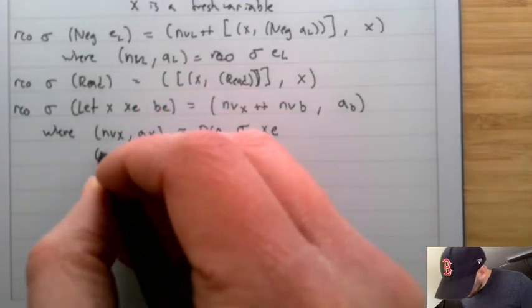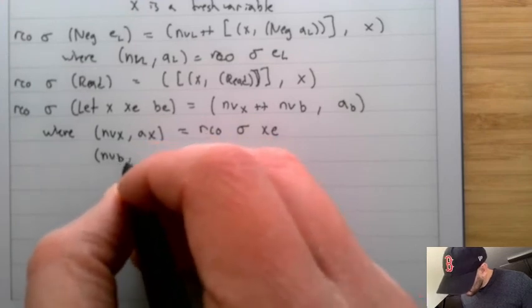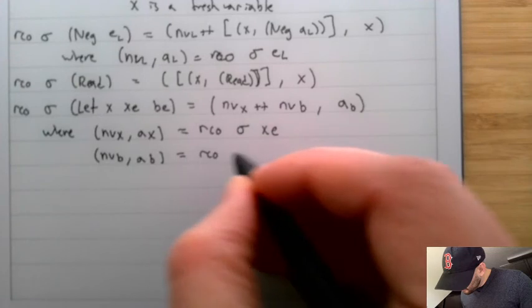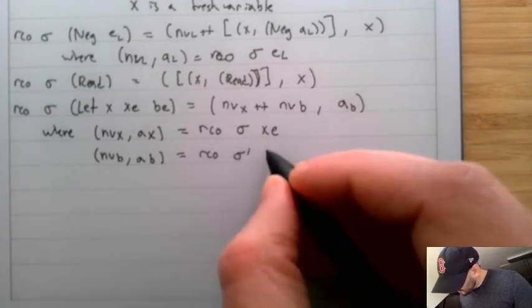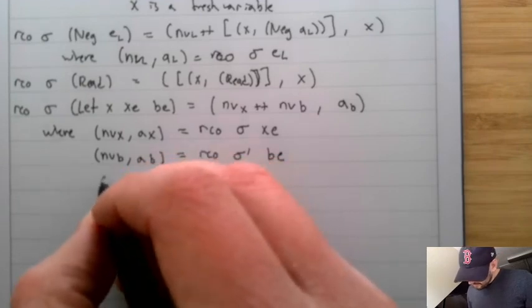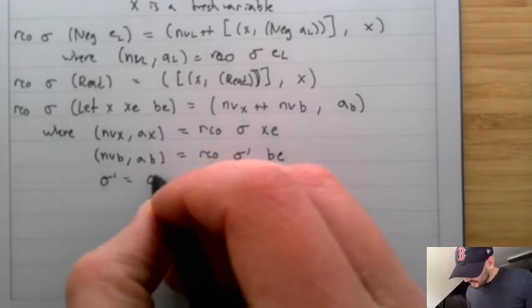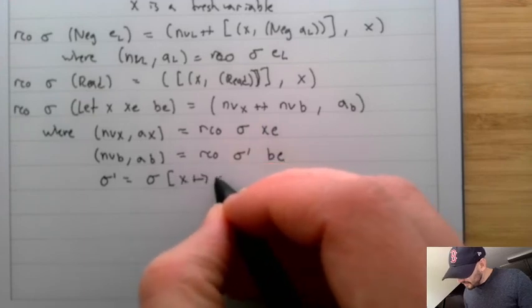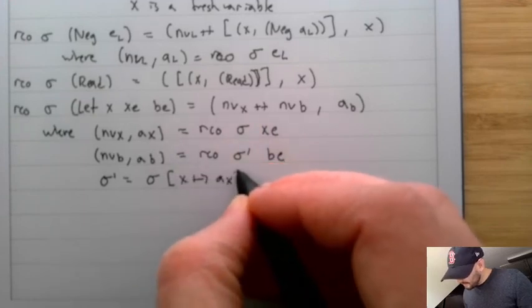Then the new variables for the body and the argument for the body are going to be RCO of sigma prime and the body expression, where sigma prime is equal to sigma, but there's a mapping from x to the argument for x.